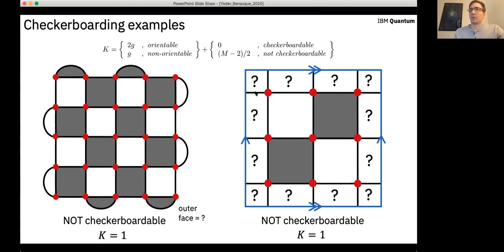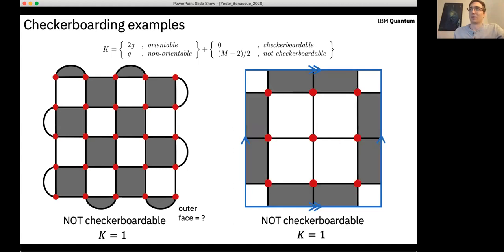So something that we do to mathematically make our lives easier is we color anyway, and now some adjacent faces are colored the same, and we introduce defects.